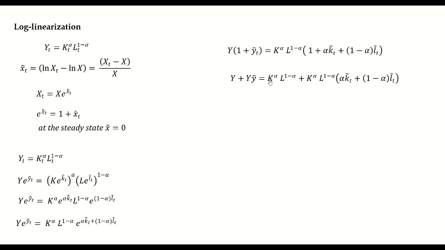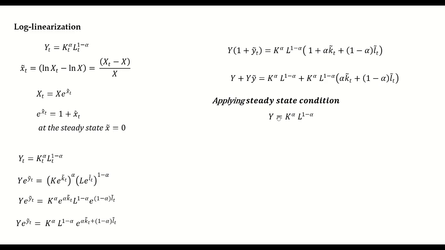So once we apply the steady state, after this simplification, this term will drop out and this whole term will drop out. So we will get only this term and this term. After applying the steady state condition, this whole equation will be reduced to this expression.